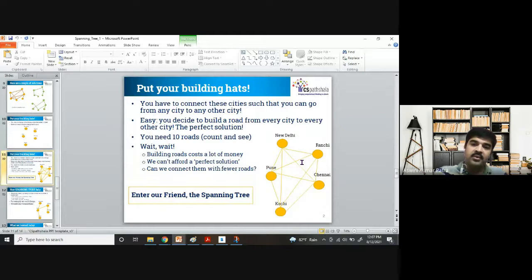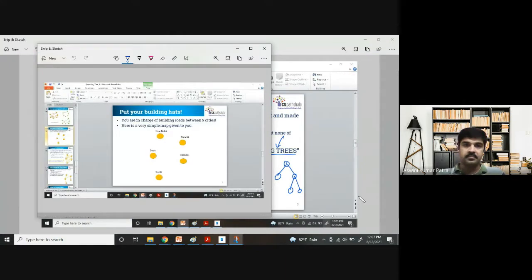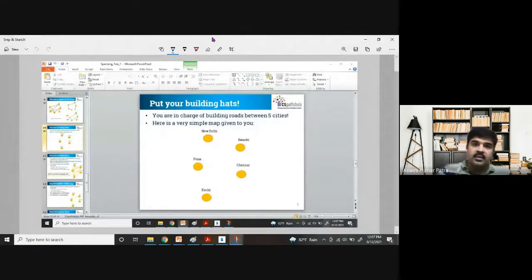If I go to this figure, let me draw something. I can connect from here to here, and here to here. Let me present it some other way. If I start from Delhi, I can go to Pune, and I can have a road to Ranchi. I can go to Kochi. I also have a road to Chennai.